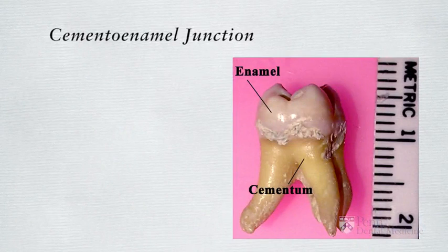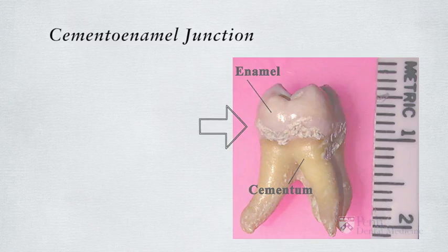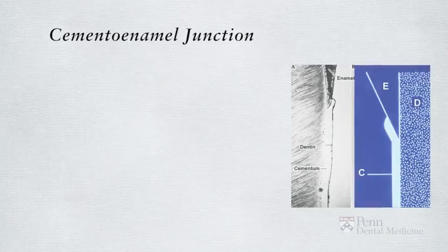The area where the cementum and the enamel of the tooth meet is referred to as the CEJ, or the cemento-enamel junction. The structure has very important clinical significance. So there are three possibilities of this junction. In some instances, the cementum overlaps the enamel.